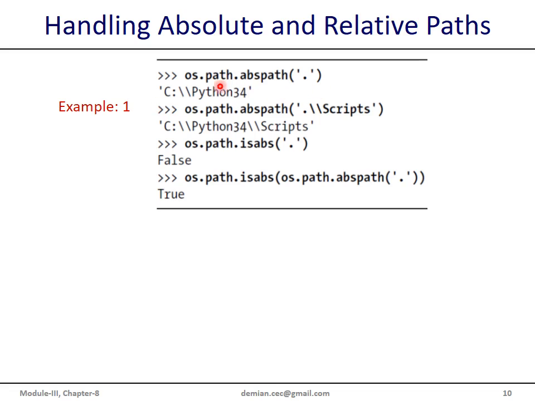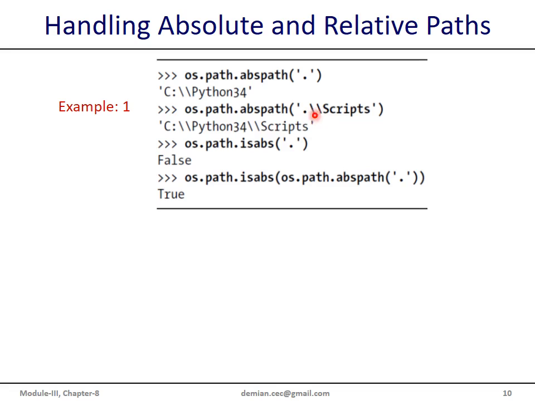In the first example, we create the absolute path for the relative path, a single dot, which is a shorthand notation for the current working directory, and we get the absolute path as this. And if we pass the argument string as dot slash scripts folder, then the absolute path is scripts under the current working directory.